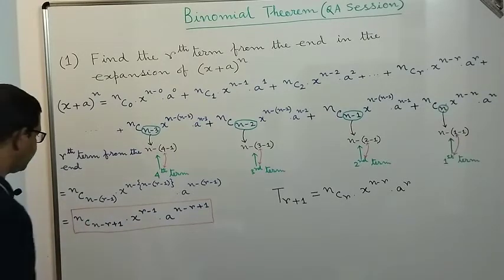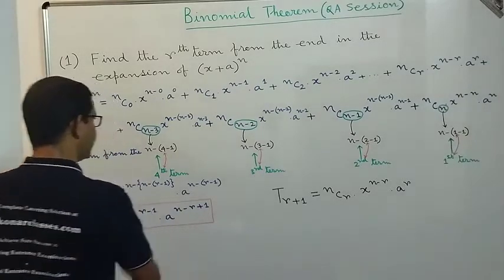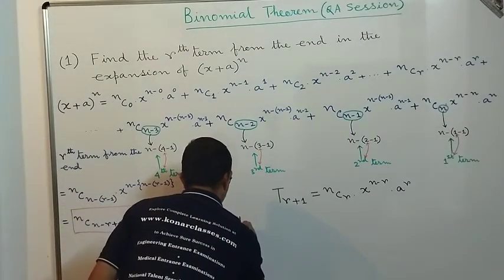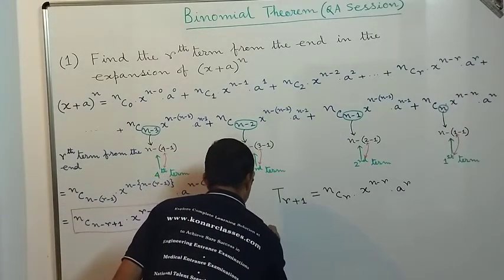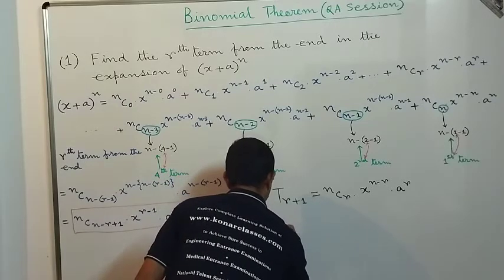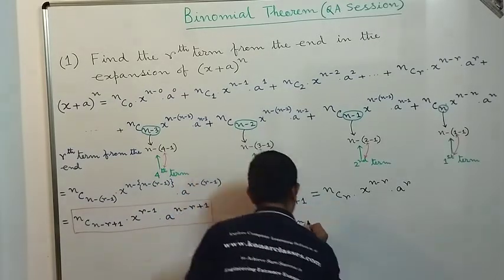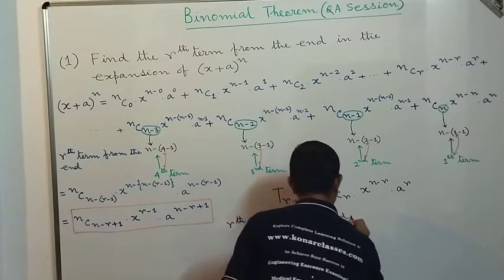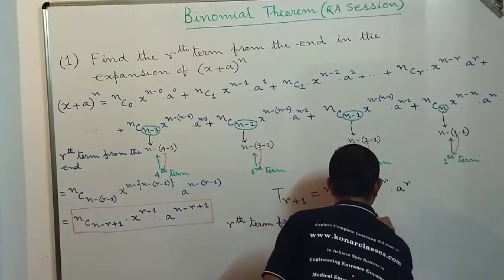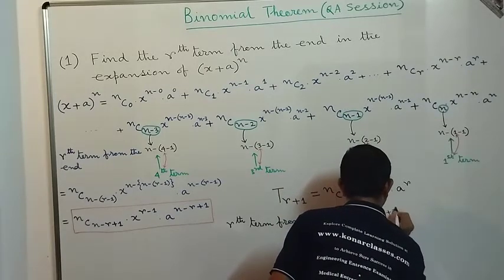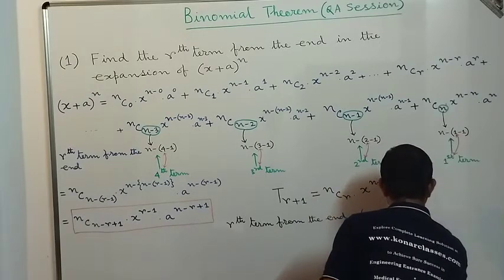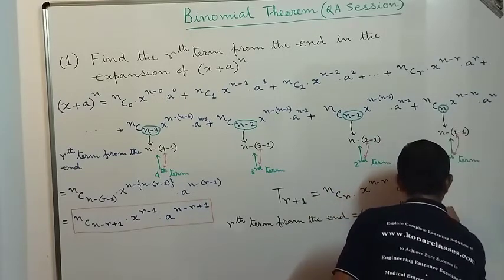So what we get, dear students? The rth term from the end is equal to the n minus r plus 2th term from the beginning.